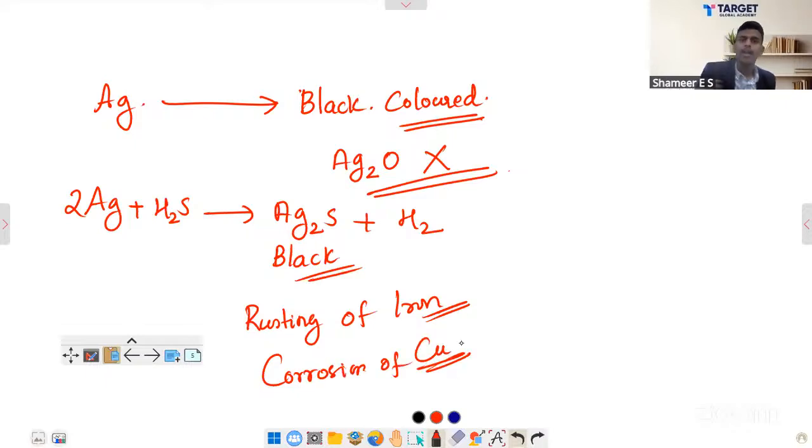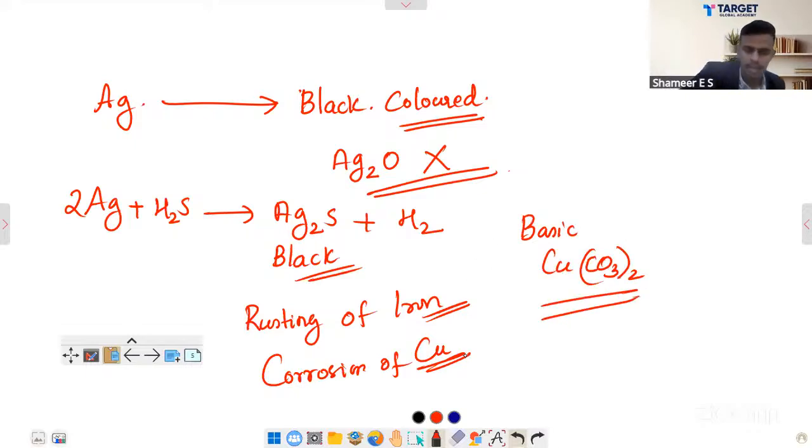Copper is a metal, and after maybe months or years, there occurs some corrosion for copper due to basic copper carbonate, CuCO3 twice. Its color is green. Basic copper carbonate. So please note down, this kind of MCQs are exactly important.